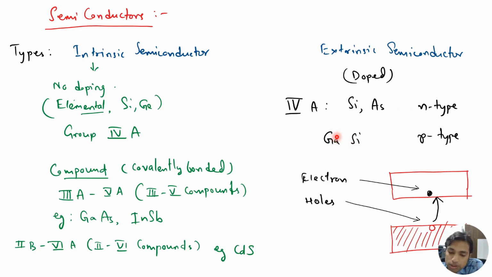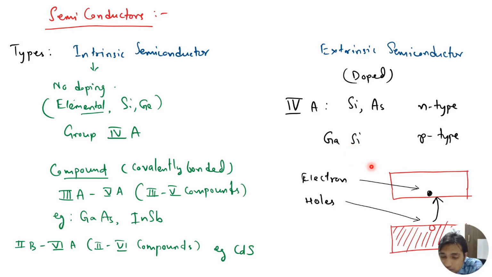On the other hand, you can dope the silicon with a group 3 element. When you do that doping, you will have a P-type semiconductor, and there holes will be your majority charge carriers.